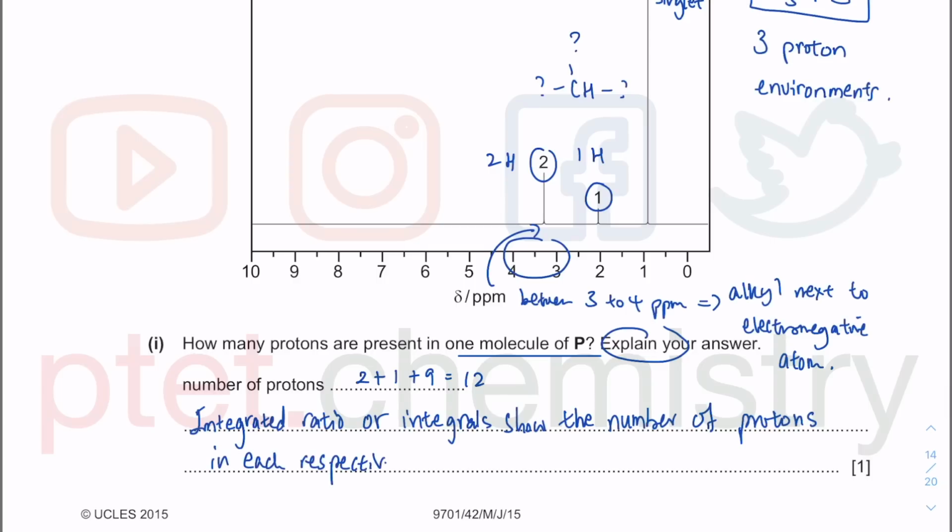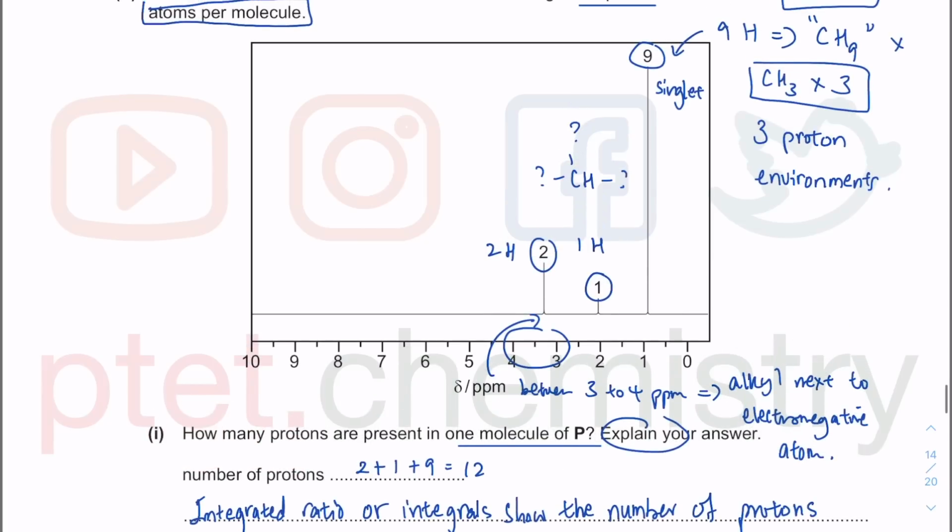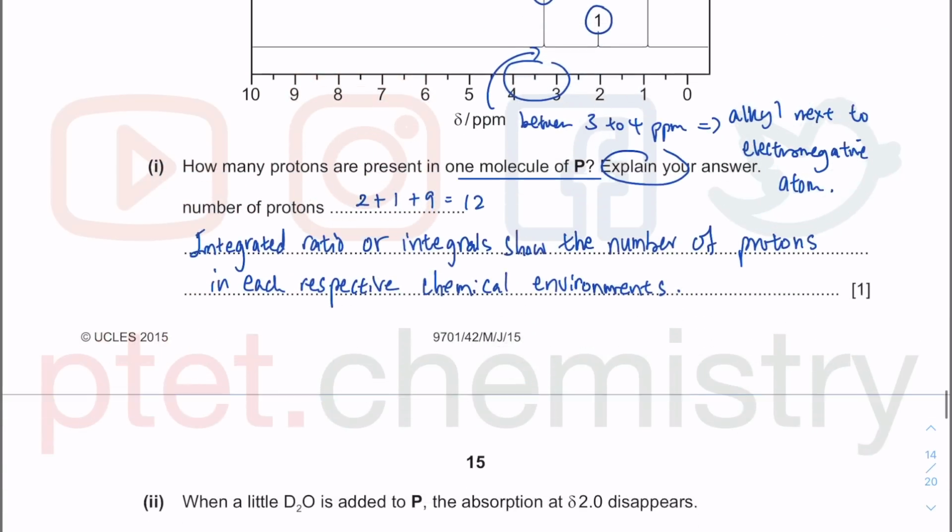We have 3 environments above, and we have just totaled up the number of protons in each particular chemical environment there. So 2 plus 1 plus 9 gives us 12 hydrogens altogether, 12 protons altogether.